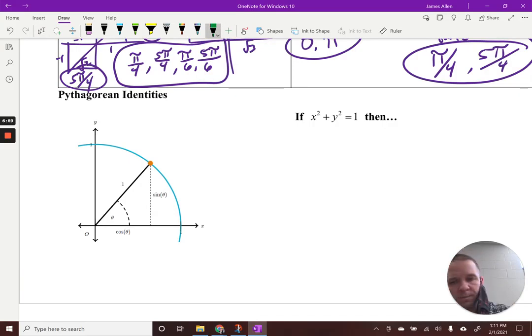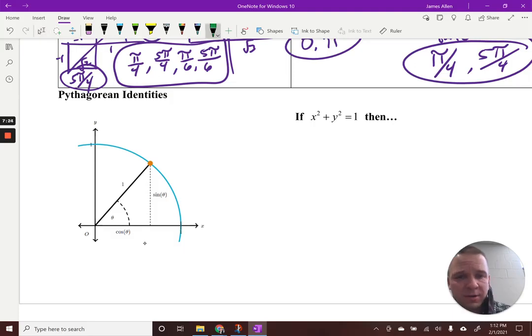All right. So we know if we have a right triangle, right, and its hypotenuse is 1 here, from the unit circle, that x squared plus y squared is equal to 1, okay? And my x coordinate is cosine. My y coordinate is sine, right? I'm going cosine in the x direction. I'm going sine in the y direction.